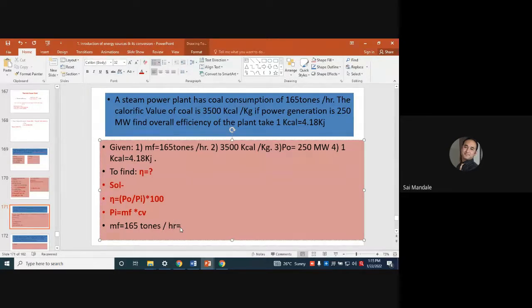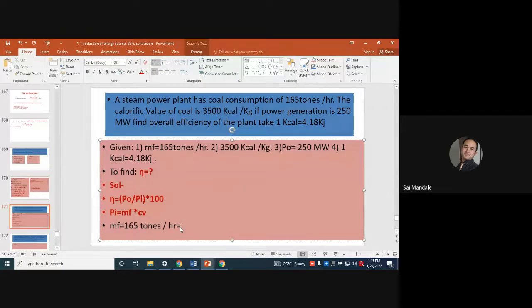Units conversion. Who will tell me the answer? MF is equals to 165 ton per hour. So how much kg per second?